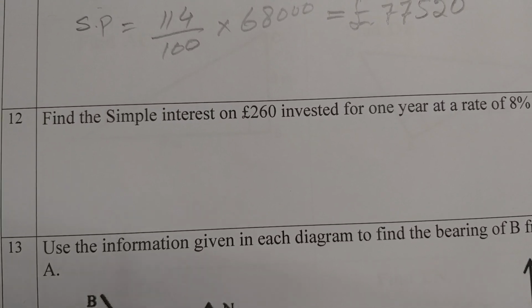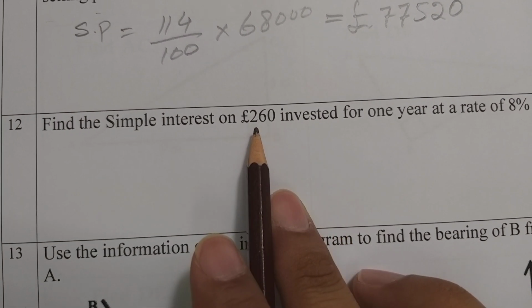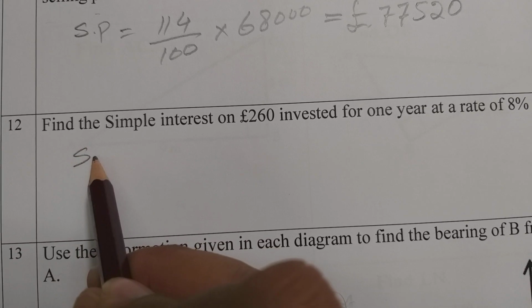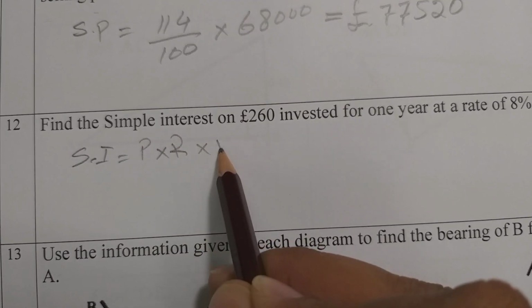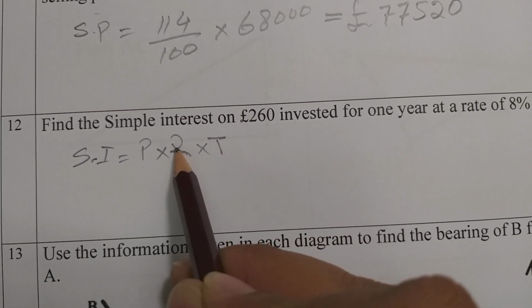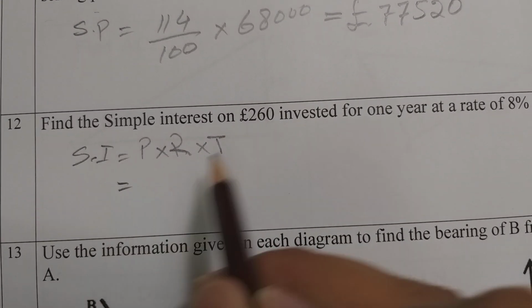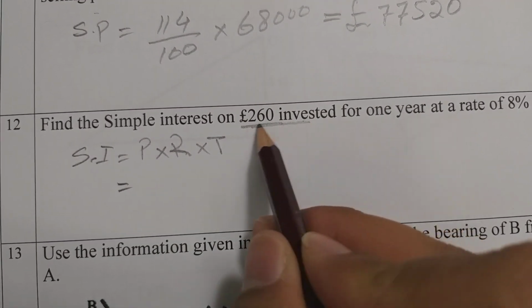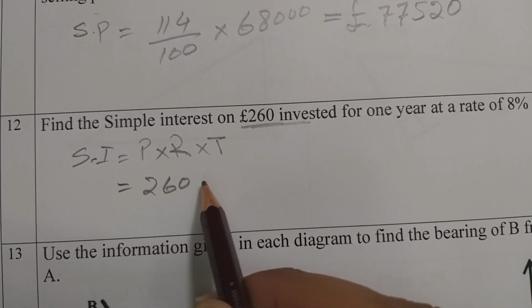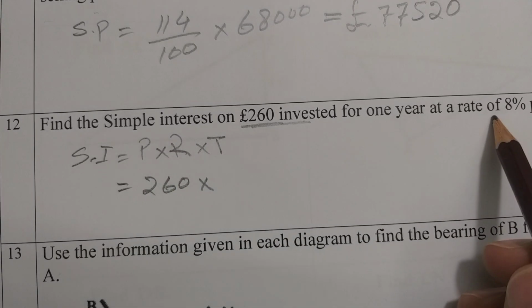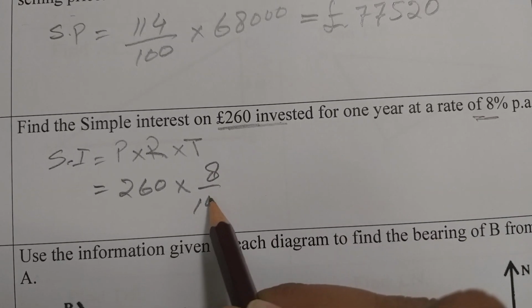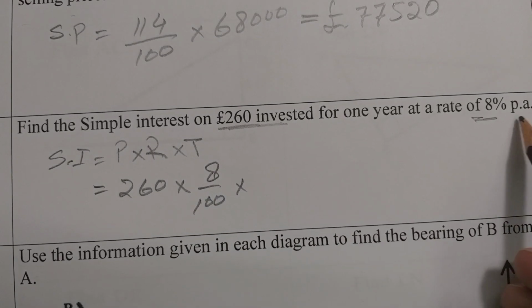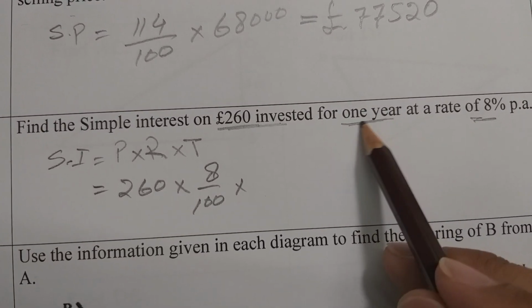Okay, next question is about simple interest. We know the formula for simple interest equals the principal amount times the rate of interest times the time period in years. The principal is the amount he invested, which is 260 pounds, at a rate of 8%, 8 out of 100, times 1 year.